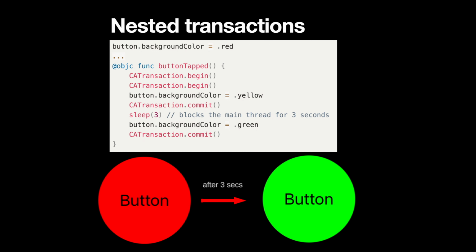Let's consider a third example. As you can see, it produces the same result as the first one. No yellow state appeared. That occurred because transactions can be nested. When one transaction is nested within another, the commit of the internal child transaction only takes effect when the parent commits.